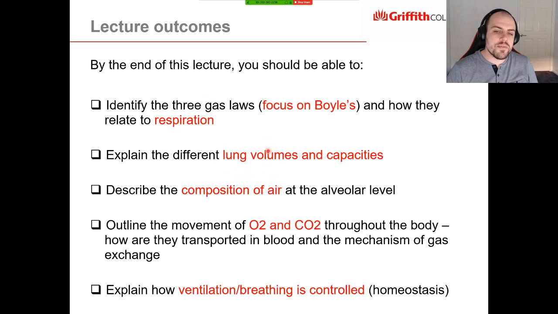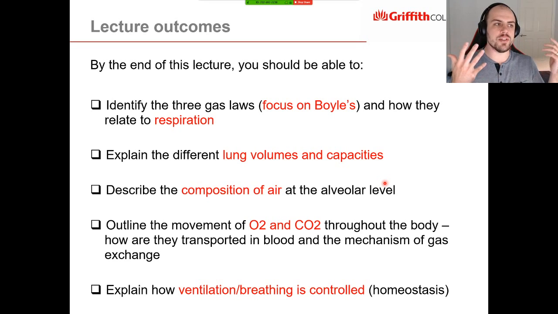We looked at all our different lung volumes and our capacities. We looked at how much we can breathe in, how much we can breathe out, and the different compartments there. We looked briefly at the composition of air at the alveolar level. I'm not going to ask you to memorize specific levels, but I would expect you to know that there is obviously a large jump with oxygen, as big a jump with CO2.